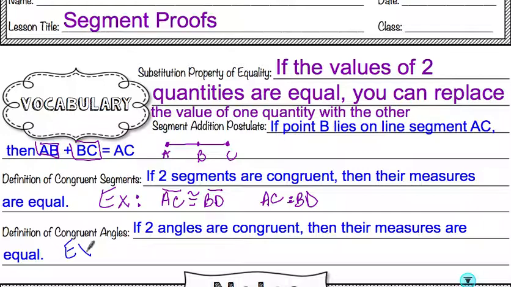So if I have, for example, angle A and it happens to be congruent to angle B, then the measure of angle A is equal to the measure of angle B. So before I say that the angles are congruent, now I can say that the measures are equal, or I can reverse these. It's still the definition of congruent angles. If the measures are equal, the angles themselves are congruent. And this is the best way to explain the difference between equals and congruent. The actual measurements are congruent, or equal. The figures themselves are congruent.